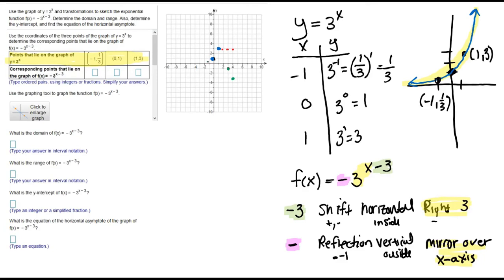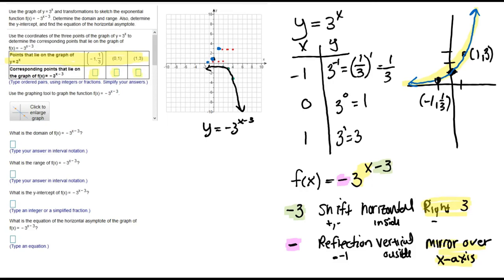We want to move it to the right 3. 1, 2, 3. We're 1/3 above the axis. We're going to reflect, become 1/3 below. So that gives us this picture here. And that is what the graph of y equals -3 to the x minus 3 looks like.